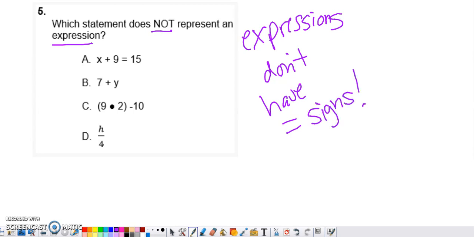Okay. The things that have equal signs are called equations. So this first guy is an equation. This guy is an expression. This guy is an expression. And this guy is an expression. So your answer is A, because this guy is an equation.